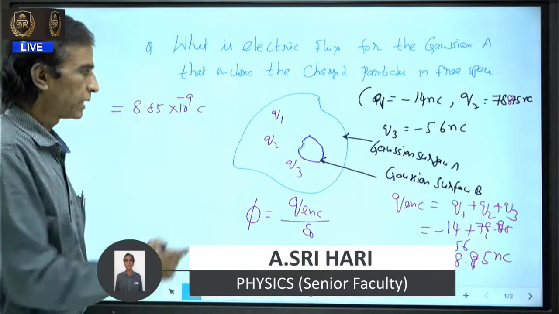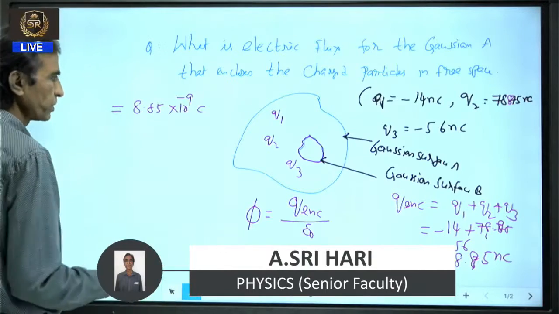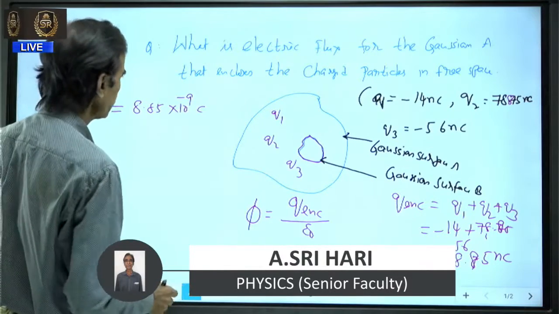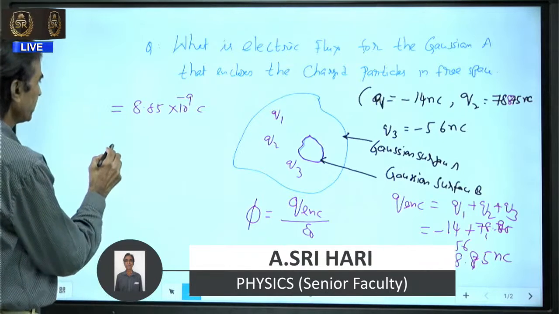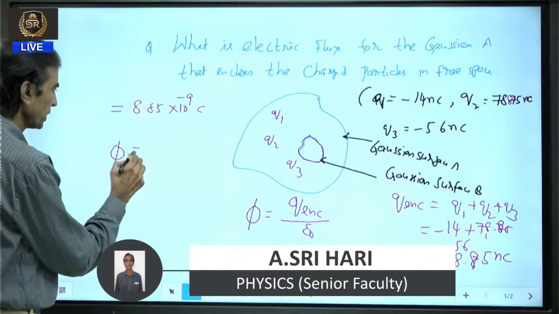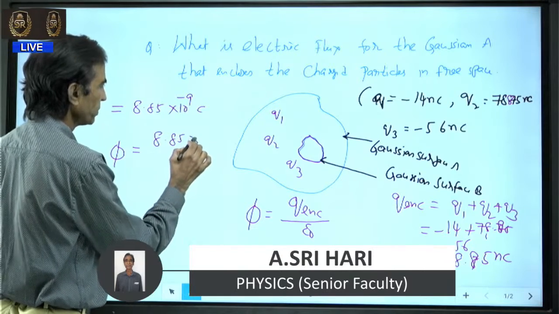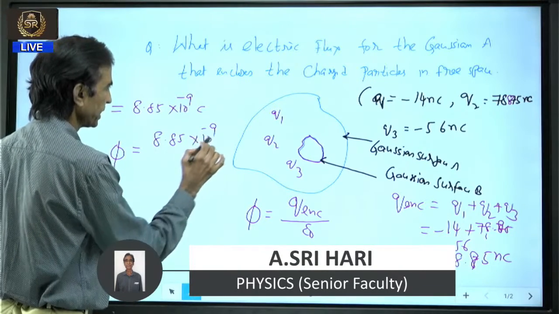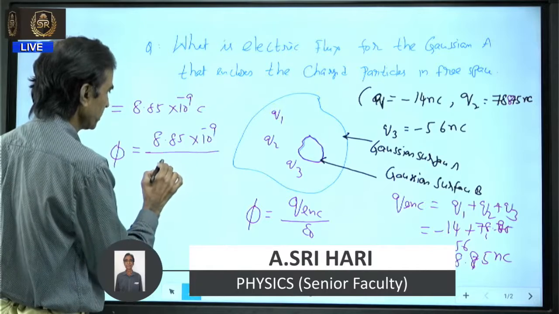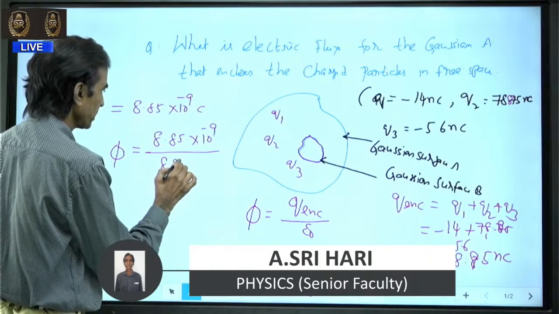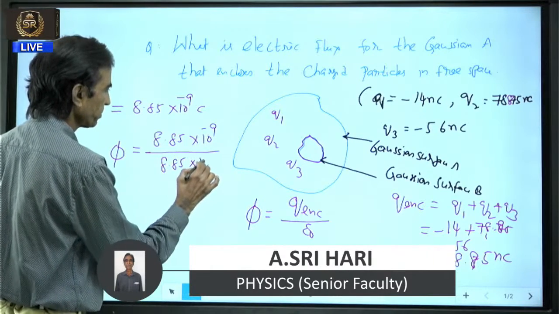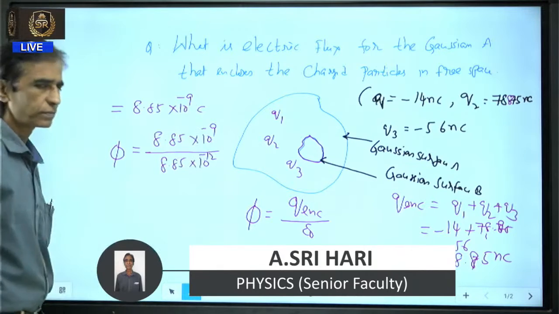Now let us substitute all the values. So phi equals 8.85 into 10 power minus 9 divided by 8.85 into 10 power minus 12.